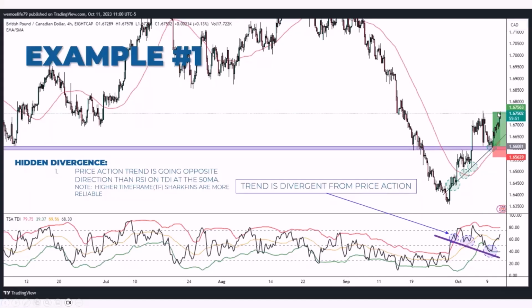Price rejects and goes up. All right. And you notice that it's not a shark fin. There's no shark fin present on the TDI. So hidden divergence can be used without the shark fin. It's best when there is a shark fin, but it can be used without a shark fin.